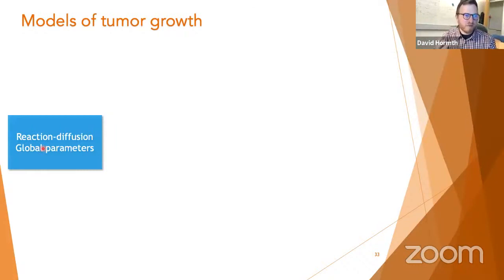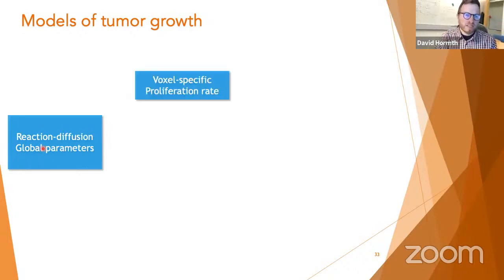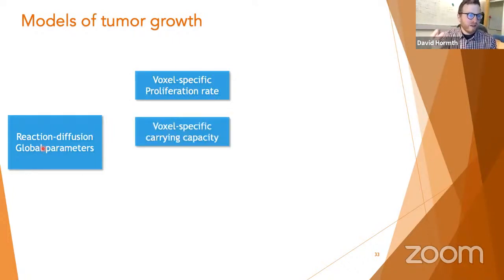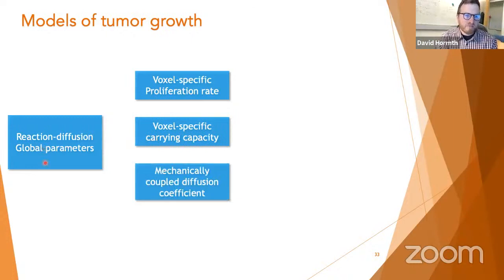This worked pretty well at predicting changes in tumor volume, but not so well at predicting what's happening within the tumor. So the next thing we looked at was varying the proliferation rates voxel-wise and maybe the carrying capacity voxel-wise. And then we also have this mechanically coupled diffusion coefficient, which I didn't put on that previous slide.